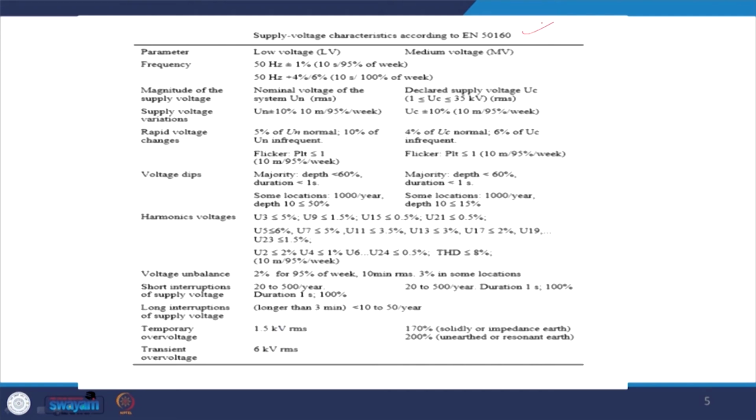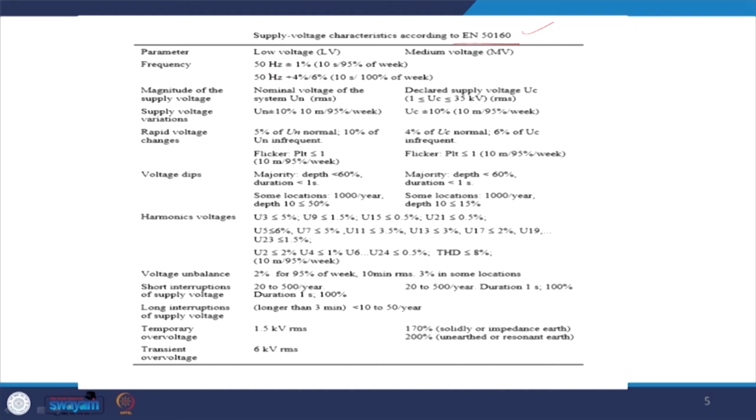So, now let us discuss another distribution standard, which has been followed in the European Union, and this is called EN 50160. You see that we almost follow the same kind of standard, mostly in our Indian grid code. For this reason it is almost synonymous. The parameters are for low voltage and medium voltage.